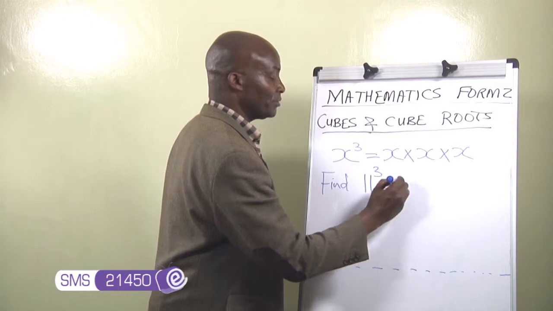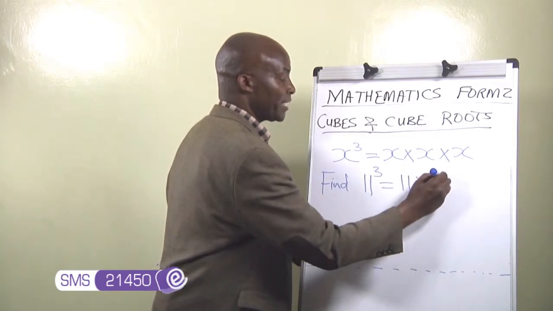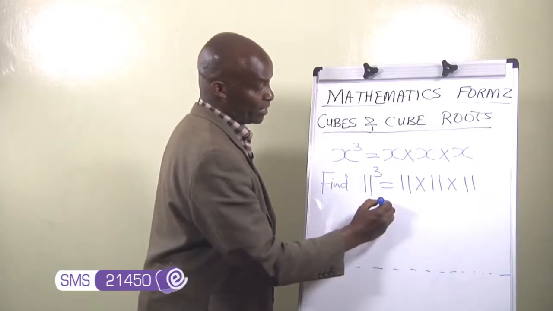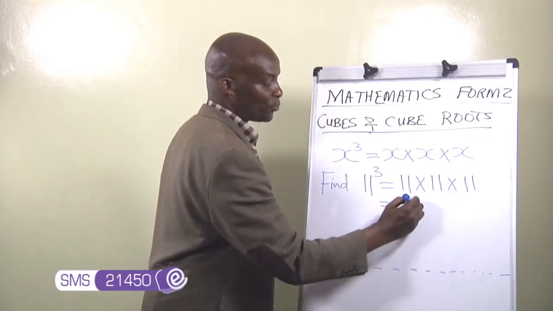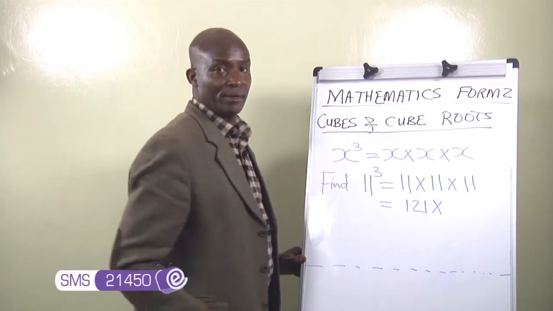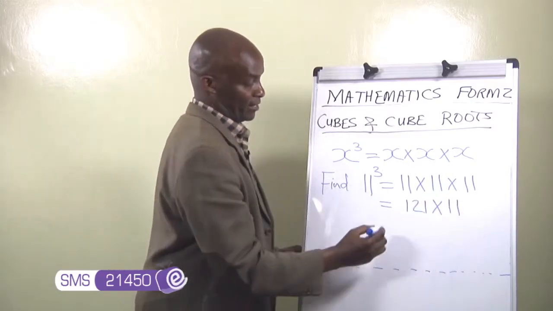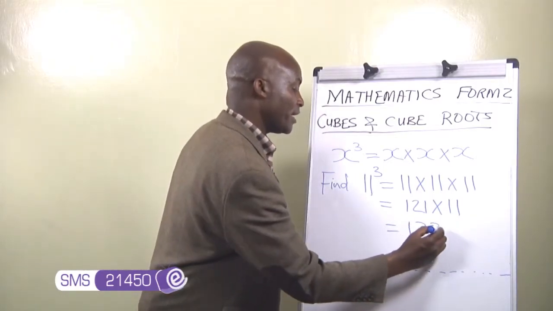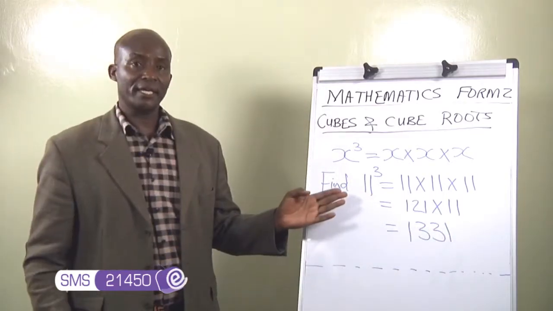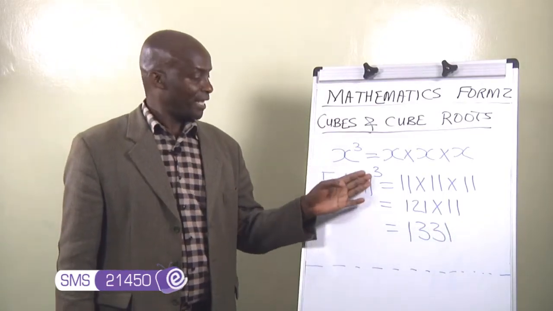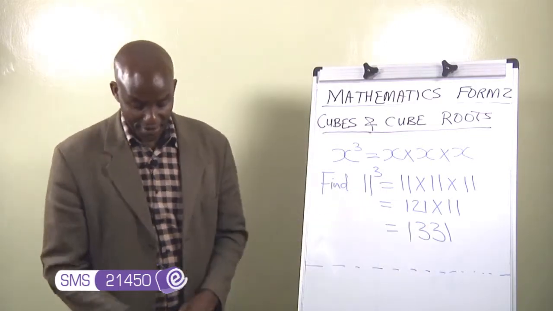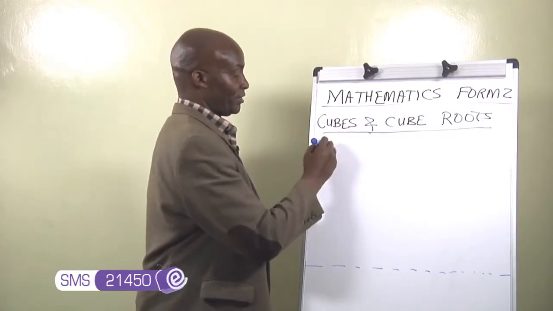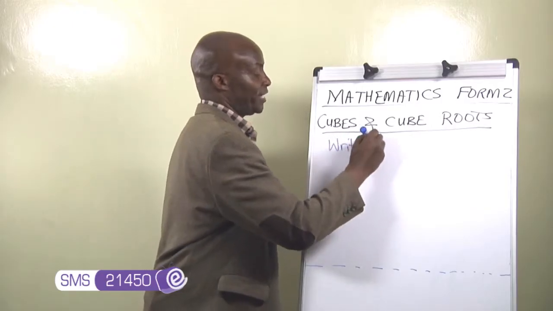This will be equal to 11 multiplied by 11 multiplied by 11, which will be equal to 11 multiplied by 11 is 121, multiplied by 11, which will give us 1,331. We can now say the cube of 11 is 1,331.